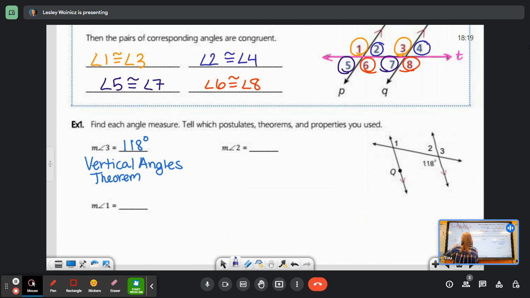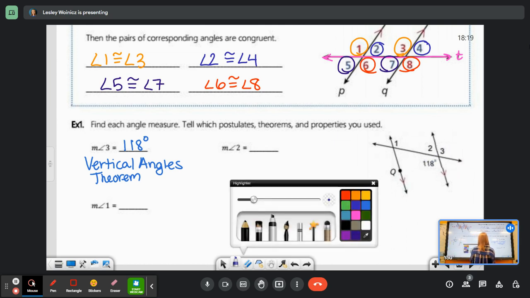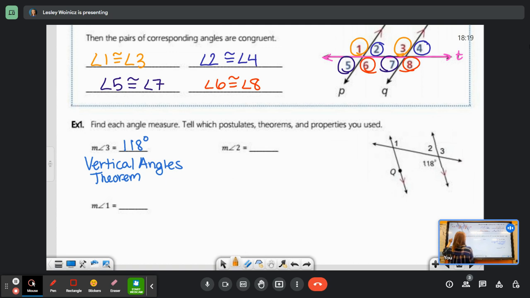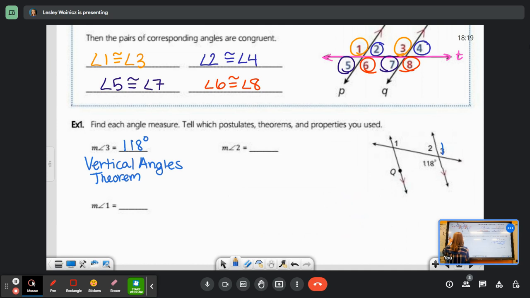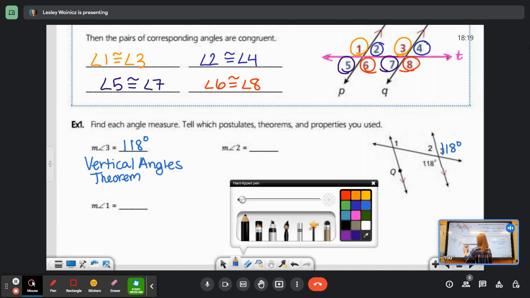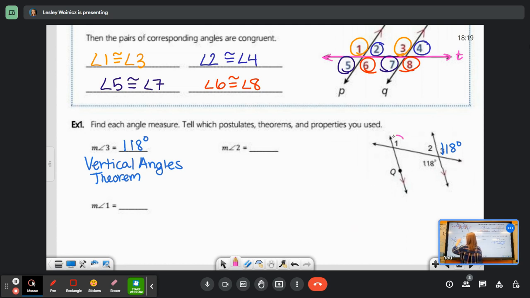Okay, so we used 118 to get angle 3. Now we know that angle 3 is also 118. So look at angle 1 and look at angle 118.